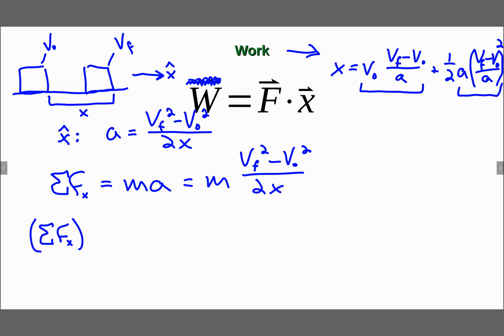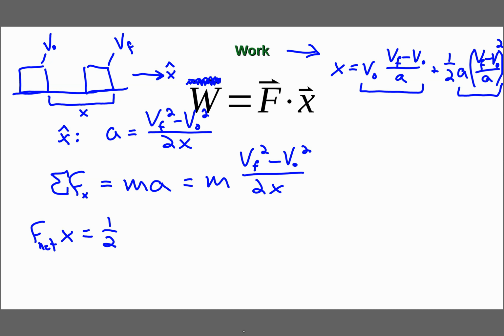So, in fact, let me write this differently, just so it's a little more clear what we're doing here. Instead of the sum of the forces in the x, we're going to write F net, okay? The net force in this direction times x equals, and then I'm just going to pull these two terms apart, okay? I'm going to let each of them be their own term.